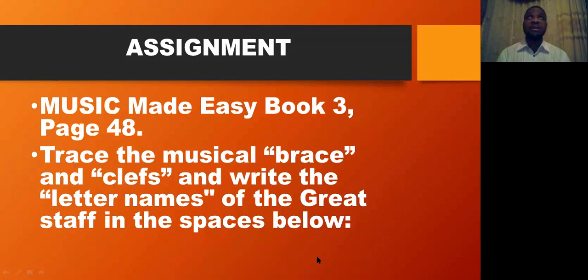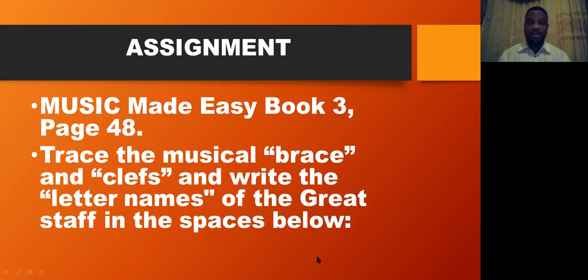And altogether, if I may tell you, let me put this as additional information. The treble staff contains 5 lines, and the bass staff too has 5 lines, and you have a middle C in between them. So altogether, you discover that the grand staff is made up of 11 lines.